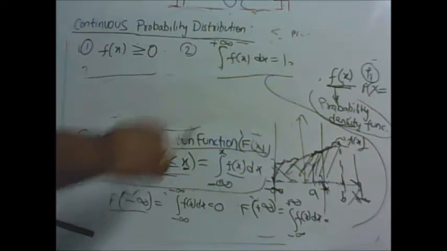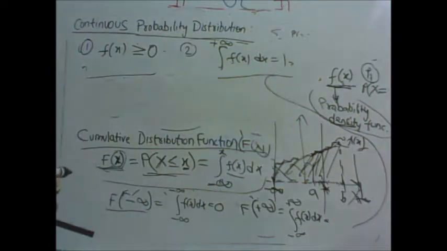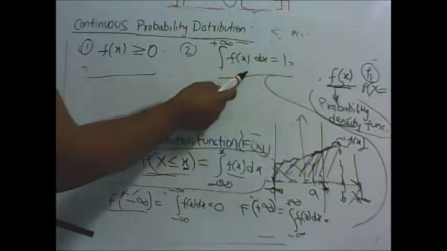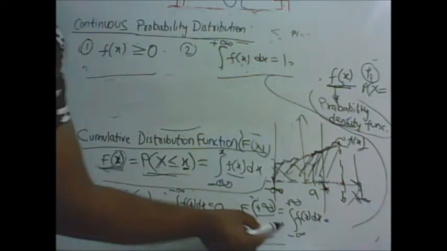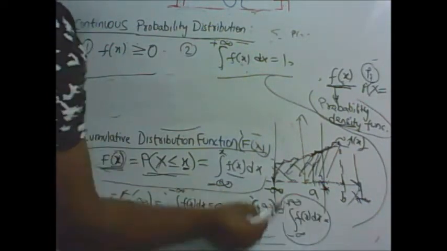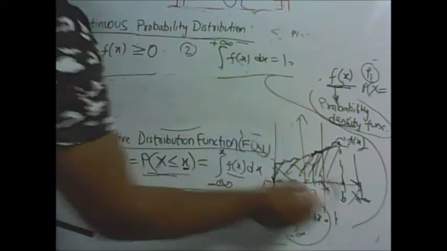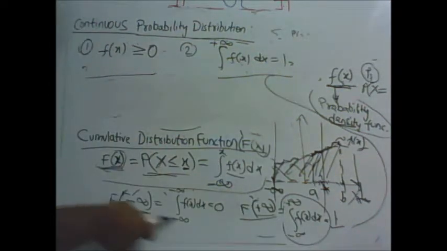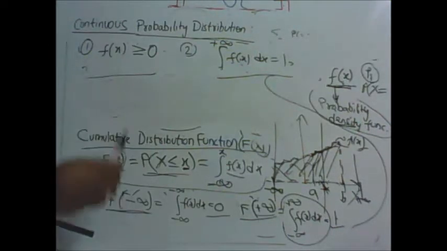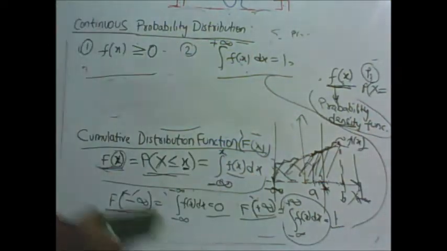This is the basic thing from the probability point of view: the probability of the total sample set will always be 1, as in our earlier discussion. So F of plus infinity is 1 and F of minus infinity is 0. These are two things to remember.